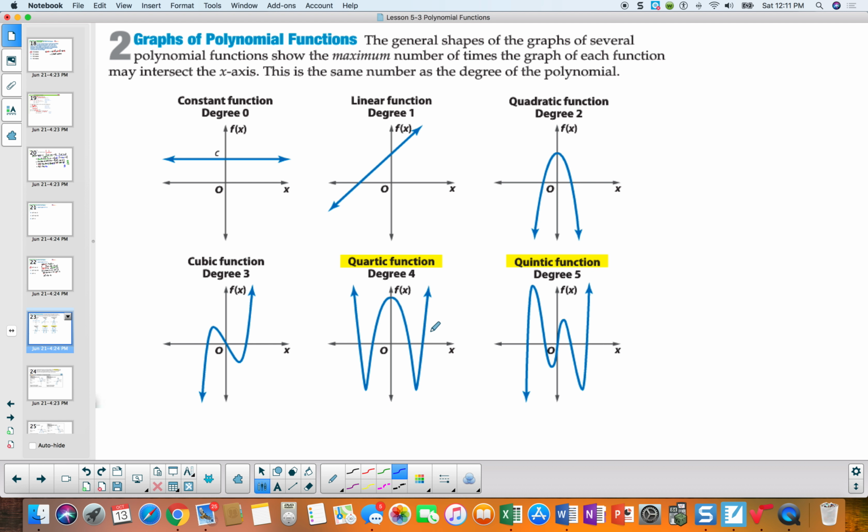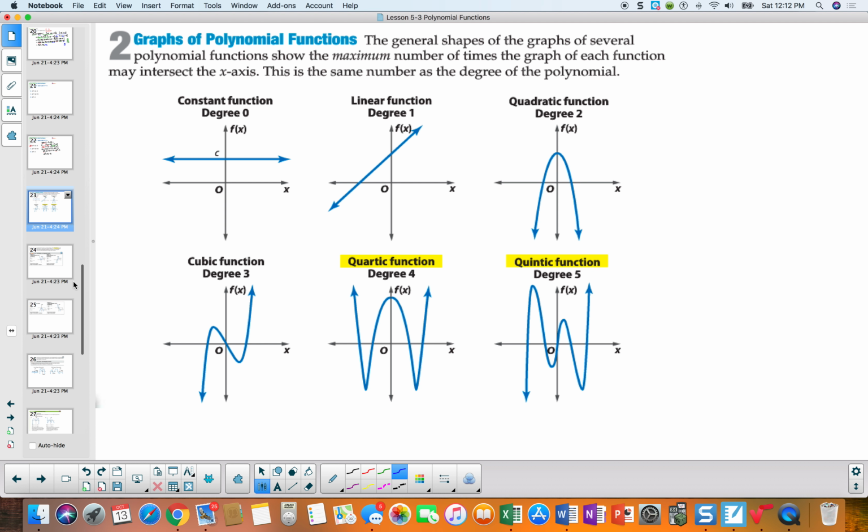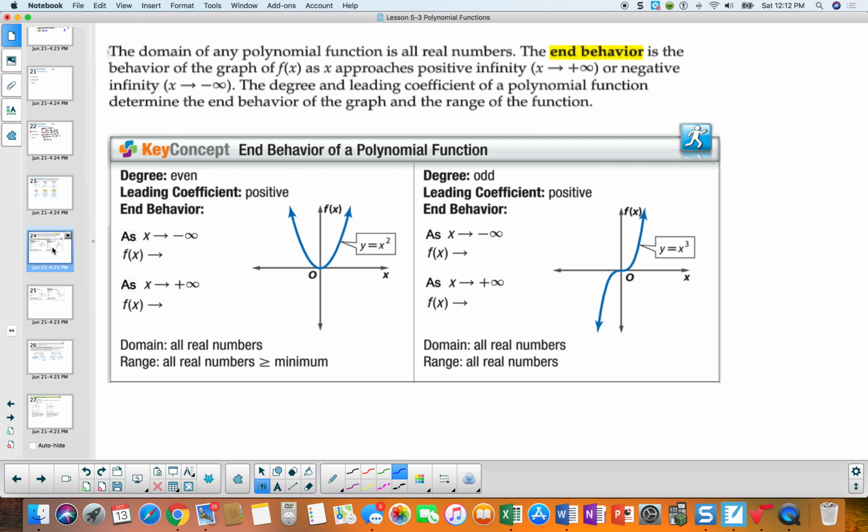Quartic, degree 4, has the look of that, where the ends are going to go in the same direction. Over here they went in different directions, just like linear went in different directions. The quintic is going to go in different directions as well. So let's take a closer look at all of those, and let's talk about what we call end behavior.